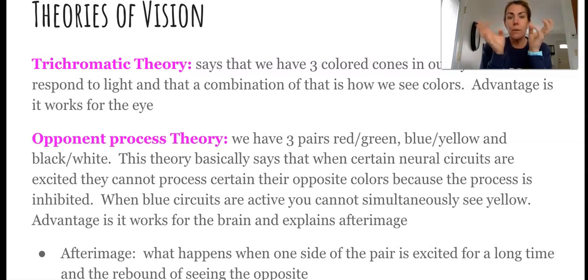So for instance, when blue circuits are active, you can't simultaneously see the yellow circuits. The advantage there is it works for the brain, and it explains the afterimage, which is what happens when one side of the pair is excited, and then when you look at something else, you see that rebound color.